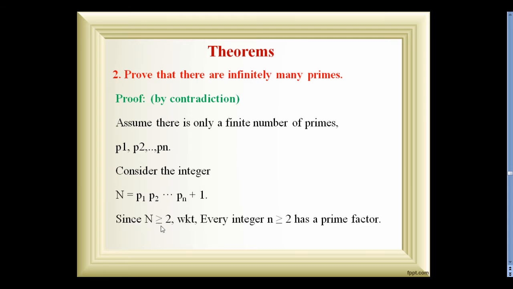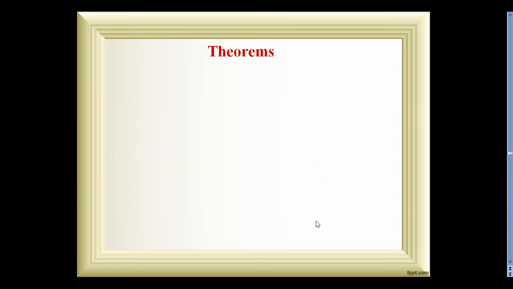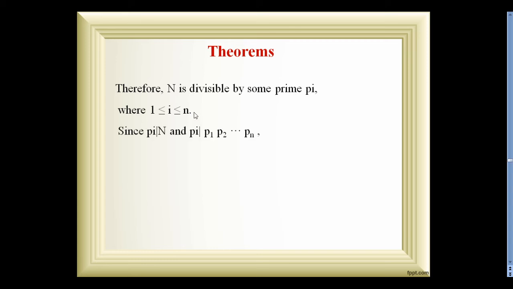Since N is greater than or equal to 2, we know that every integer N greater than or equal to 2 has a prime factor by theorem 1. Therefore N is divisible by some prime Pi, where i lies between 1 and n.